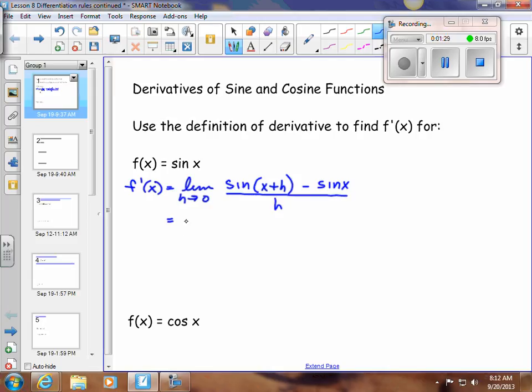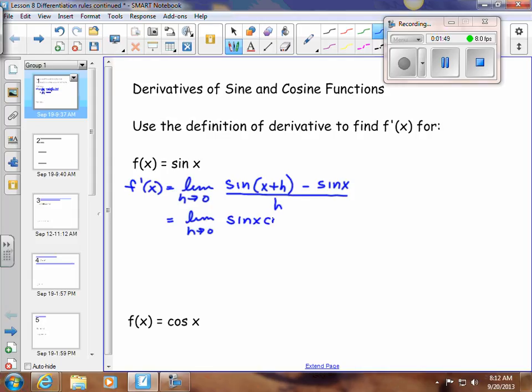In order to simplify that, I need to use the sum rule for the sine function. This is a rule that is in the back end sheets of your textbook. You learned in math analysis or trig.